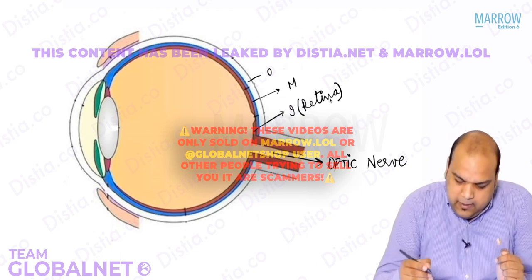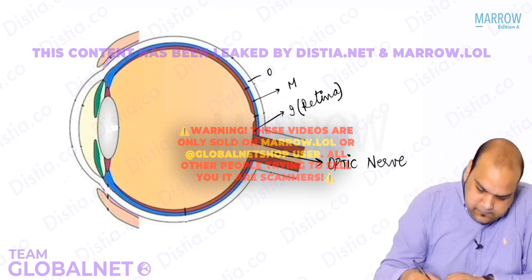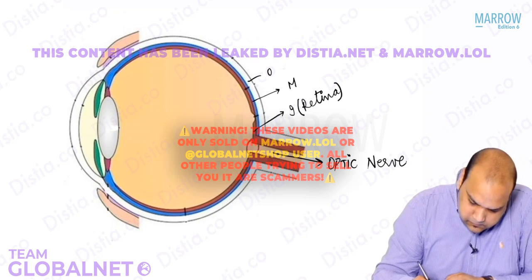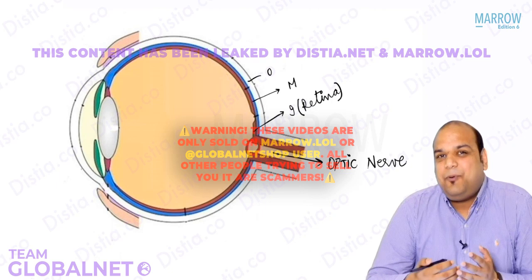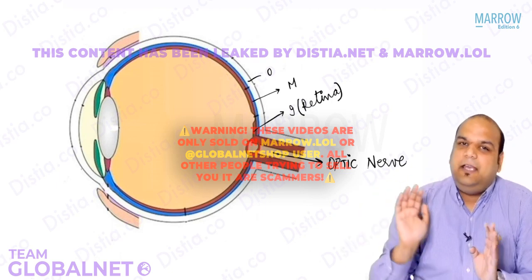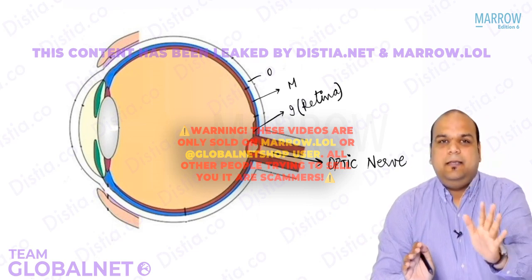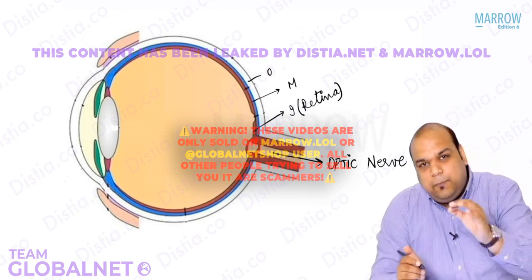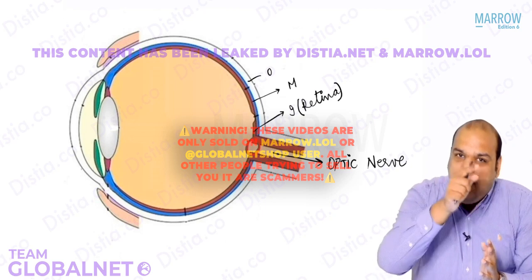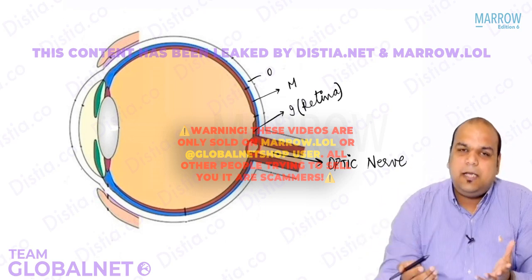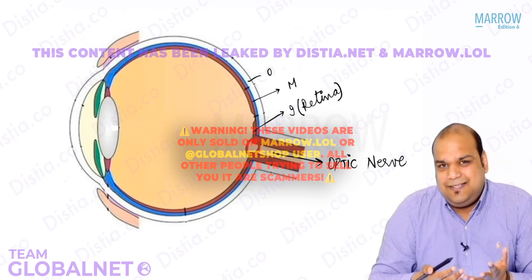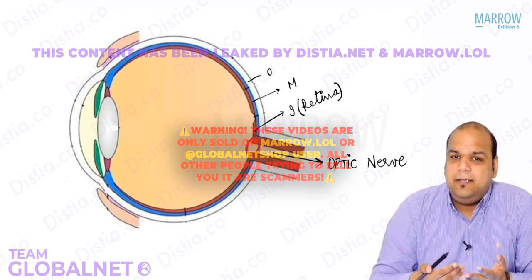Now, this circle that I have made is the point of retina from where the optic nerve is leaving the eyeball. So, this point is known as optic disc. It will be visible as a circular or an oval shape and you will call it optic disc.